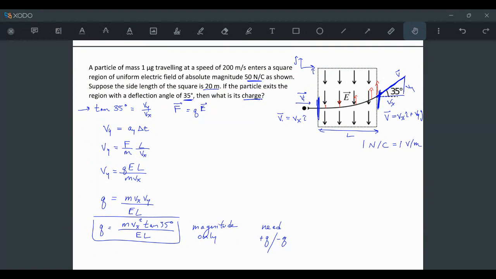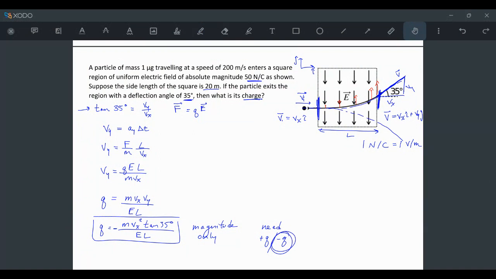If the charge was positive, it would be pushed downwards. The force would be downwards. Notice that in the trajectory, the y velocity increases upwards. So if this was a positive charge, we would see something like this, but we see something opposite. We see the charge moving in the direction opposite of the electric field, so we know that this is minus. So we can just, at the very end, slide a minus sign in the front there. And that takes care of everything.